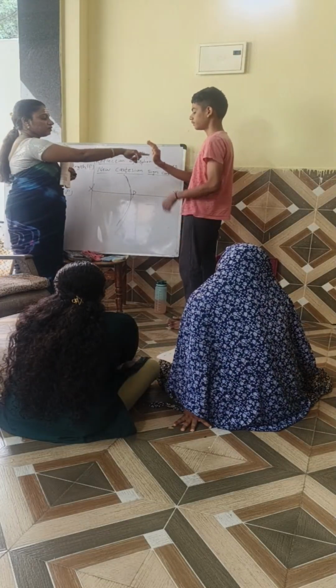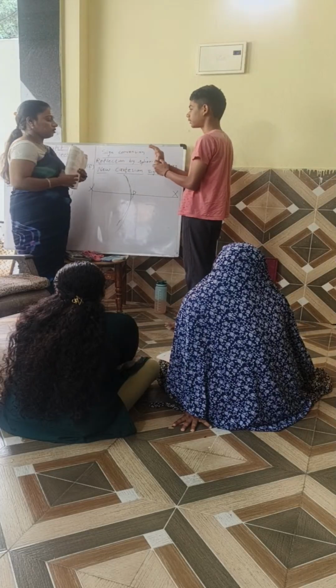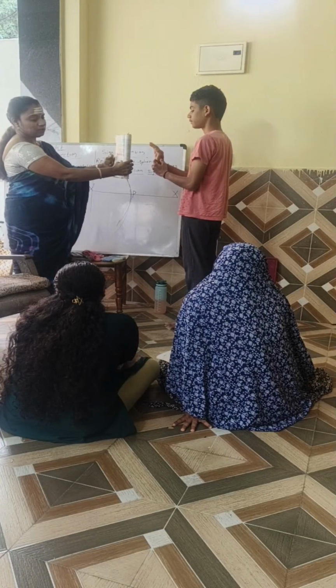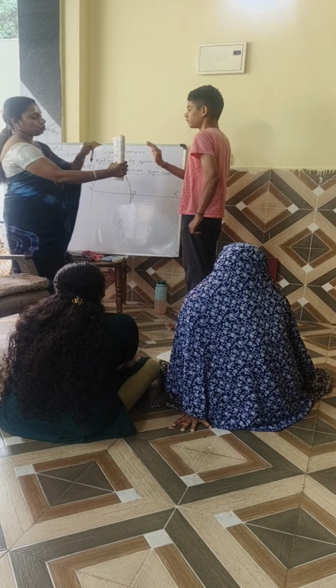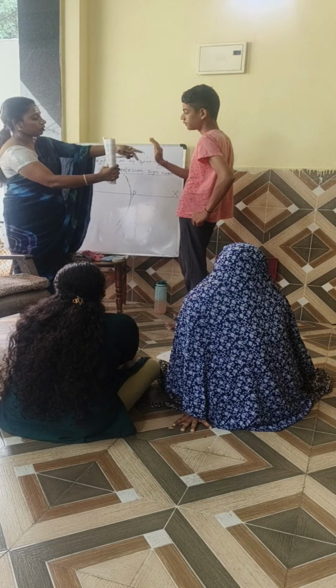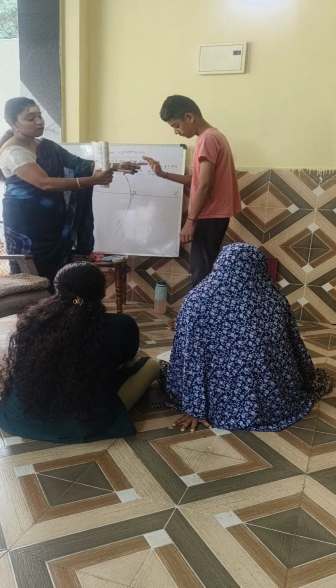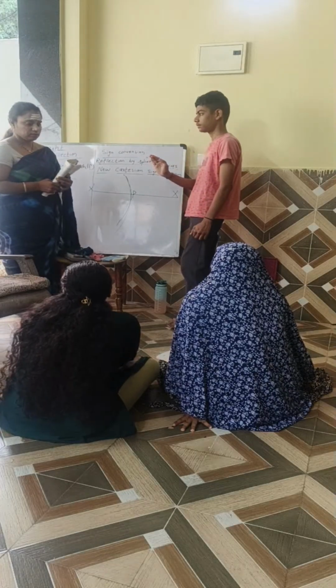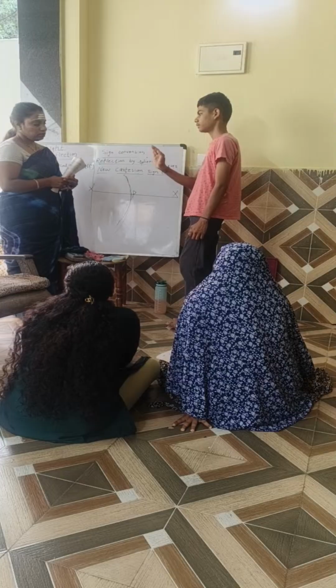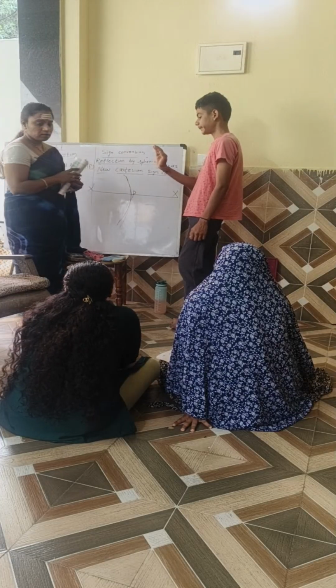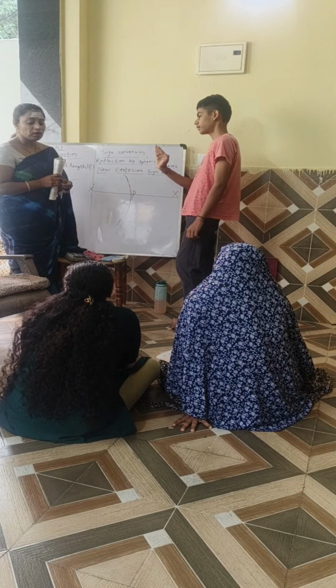This is left, this is right side. I should keep the object on the left side, so rays from this object will fall on the mirror surface from the left side only, not from the right side.